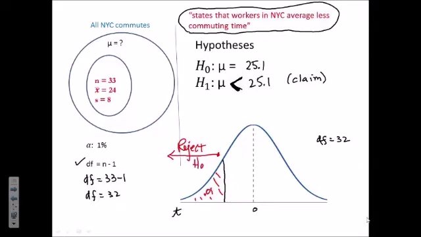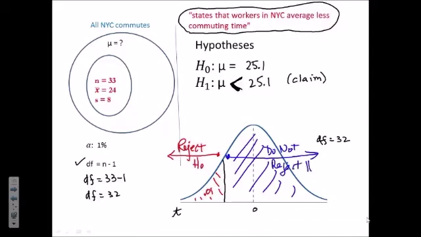That's our rejection region. If we wind up here, then we do not reject H0. And now the next step would be to find T critical, which on this side we know has to be negative. So how do we find T critical?